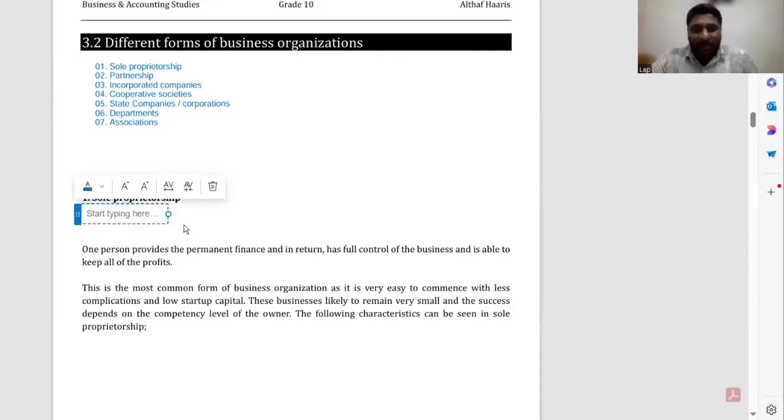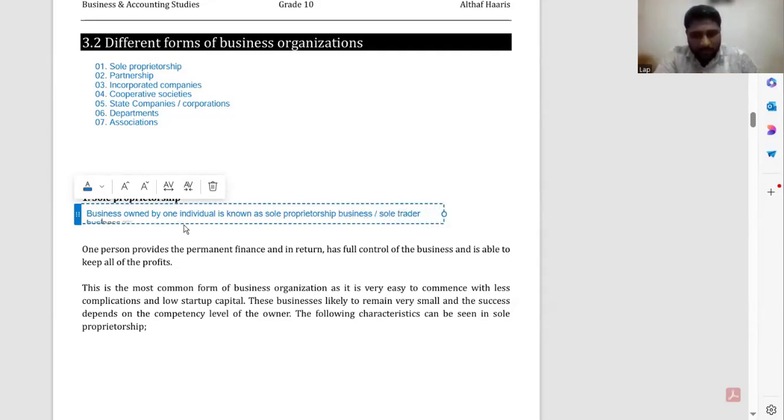Businesses owned by one individual is known as sole proprietorship. Business owned by one individual is known as sole trader business.